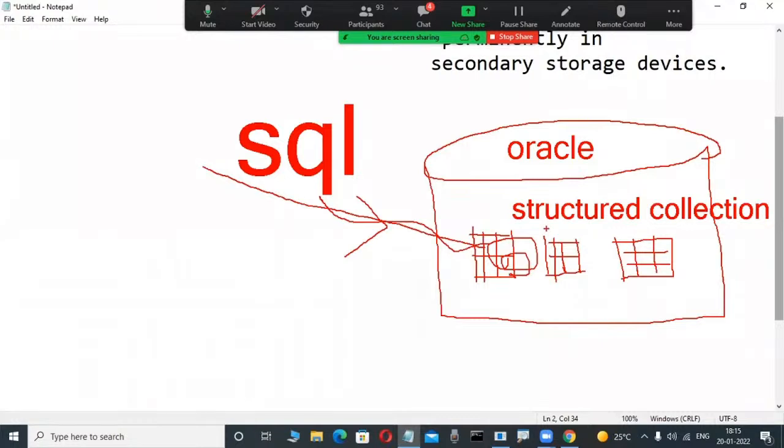But MongoDB-type databases are different: there is no SQL there, they use JavaScript-type languages. SQL is a separate language through which we operate data in these databases.